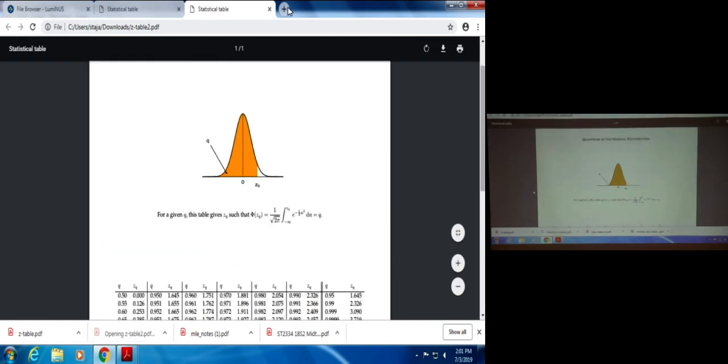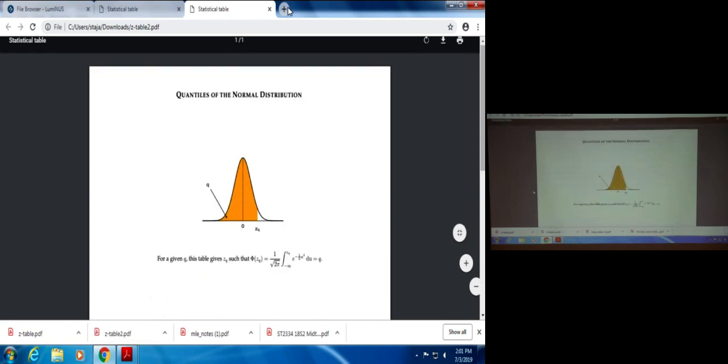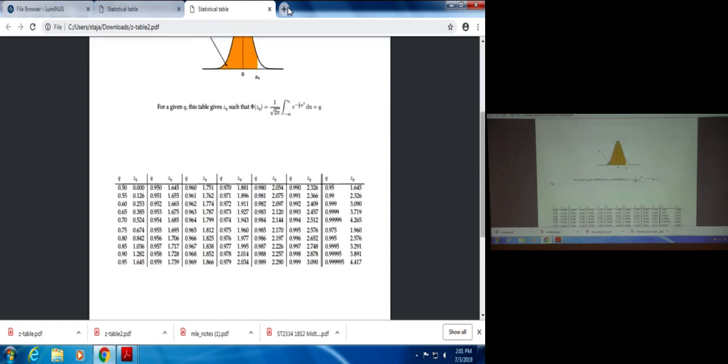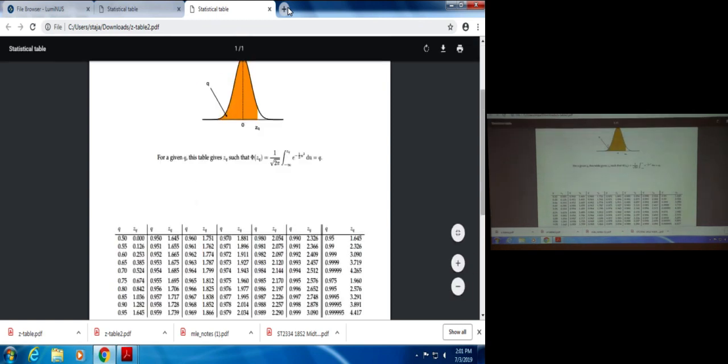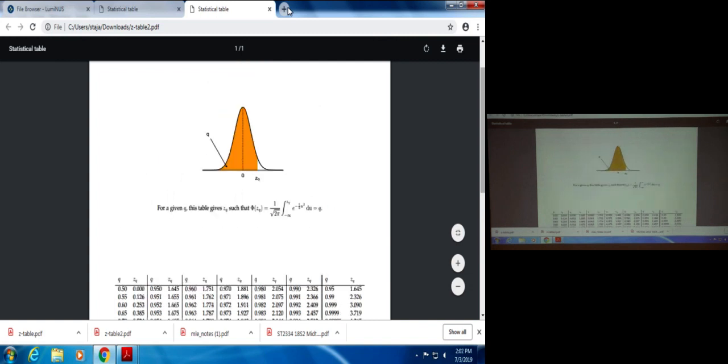You could also compute the quantiles. This is another table which we have in our notes. What this does is it gives you the value of the area and then the associated value of z which generates this area. This is a one-to-one function. So for example, if you give me that the area under this curve is equal to 0.5, then the point is z equal to 0.